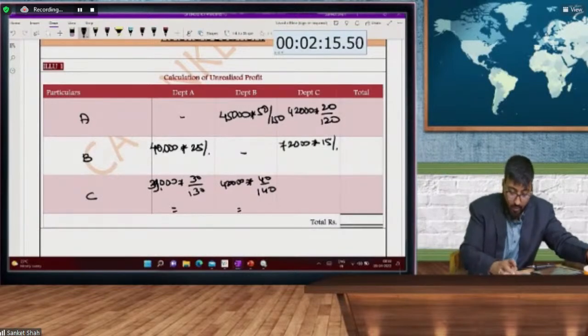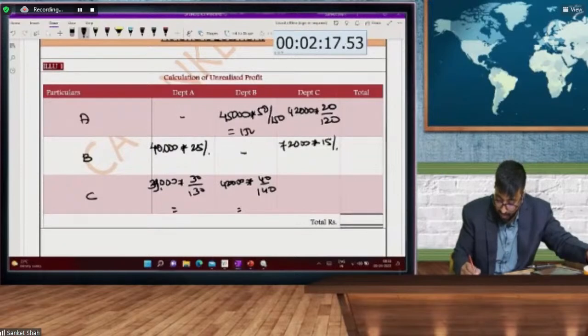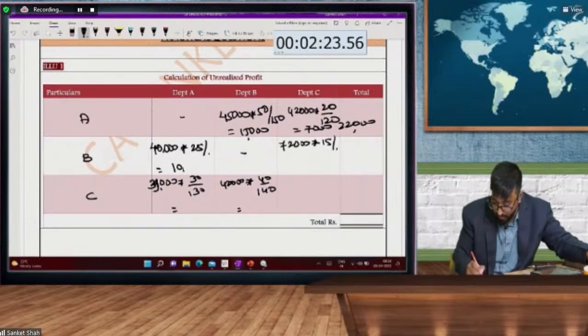45 divided by 3. So this is very simple. 15,000. This is 7,000. This is 22,000. Without calculator you can do it. 72,000 into 10, 7,200. 3,600. So 10,800. This is 20,800.